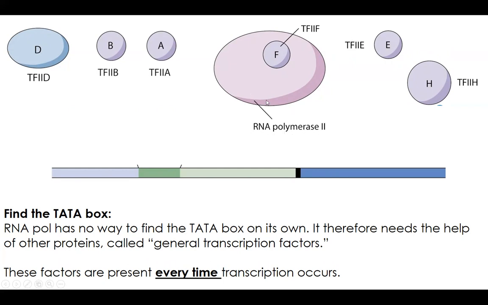So the RNA polymerase in eukaryotic cells can switch out, but otherwise, what we're dealing with here, TF2D, B, TF2A, all of these are going to be there every time. So TF, this is transcription factor 2D, all of these transcription factor 2 followed by a letter. Again, all of these components have to be there every single time transcription occurs.